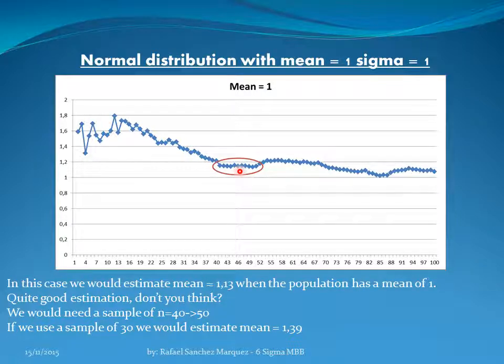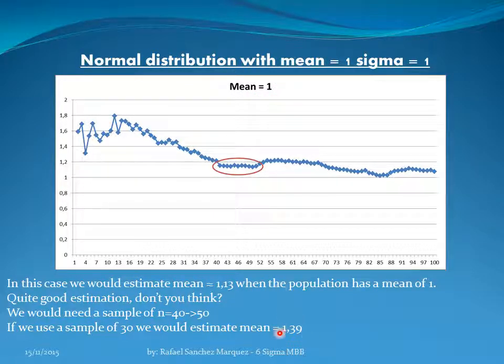So it would give us a quite good estimation, as you can see, of 1.13. The true value, as we have already mentioned before, is mean equals 1. So quite good estimation.